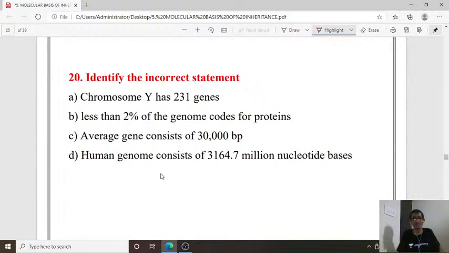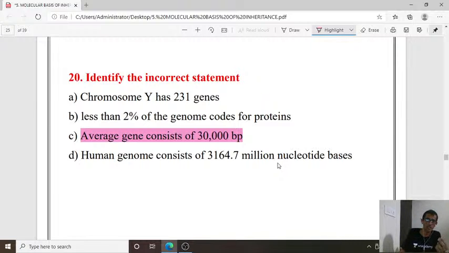Identify the incorrect statement. The incorrect one is that the average gene consists of 30,000 base pairs. Earlier, before the Human Genome Project, geneticists said it was 30,000. But after the conclusion of the Human Genome Project, the average gene does not consist of 30,000 base pairs. So the incorrect statement is C. What about A?